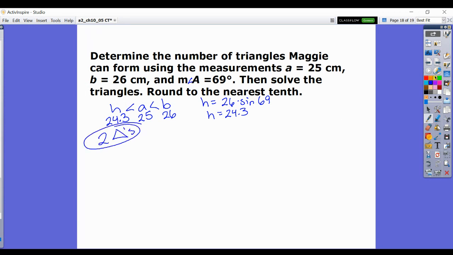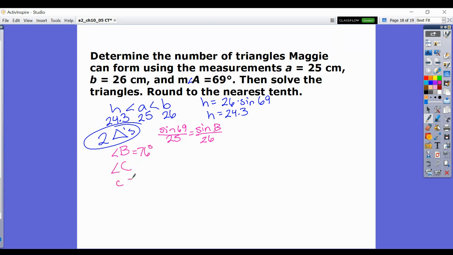Okay, so I wanted to do another example with two triangles. Here we go. First triangle, find angle B. To find angle B, I'm going to use sine of 69 over 25, sine of B over 26. Cross multiply, divide, inverse sine. That will give you angle B is 76 degrees.